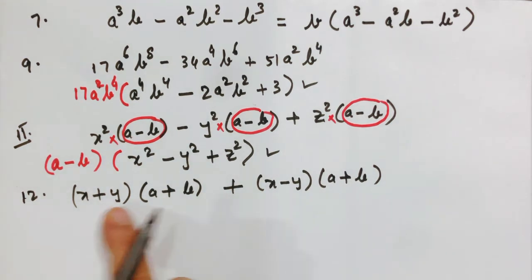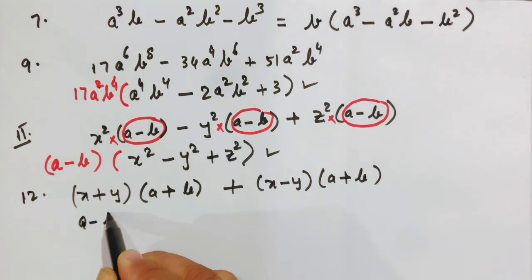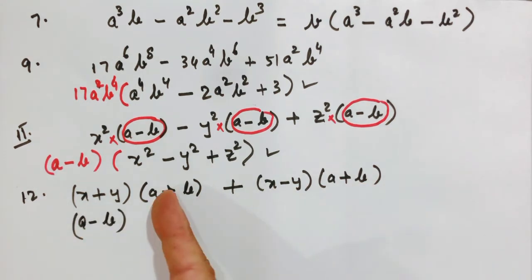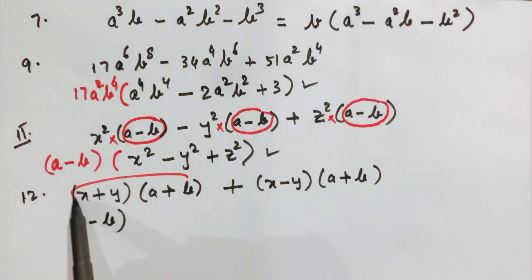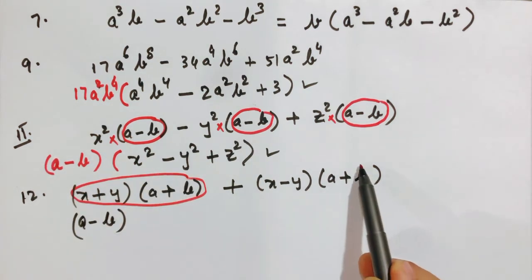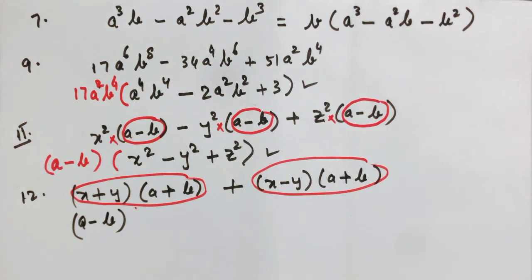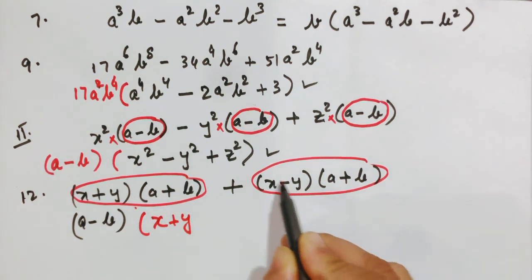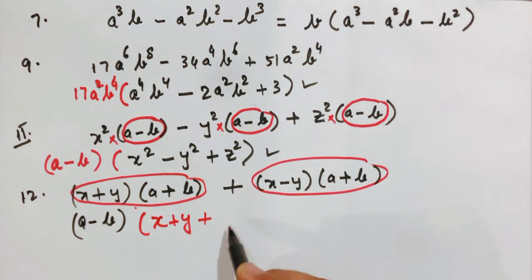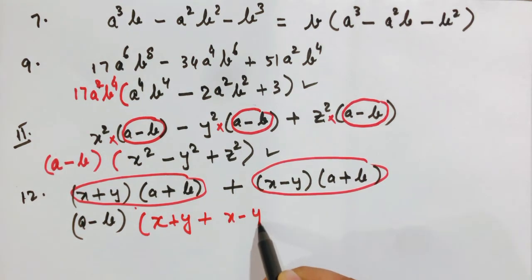So here you can see that a minus b is taken out from both of them. What do I mean by both of them? Here you have one expression, and here also you have one expression. So from both of them, when you take out a minus b, what will remain? Here you will get x plus y, while over here you will be left with x minus y.